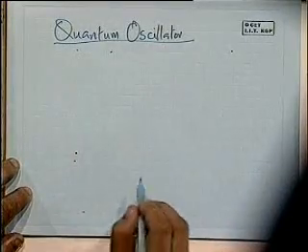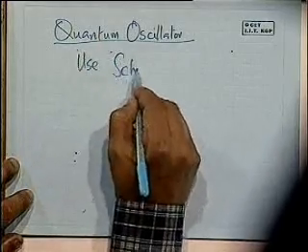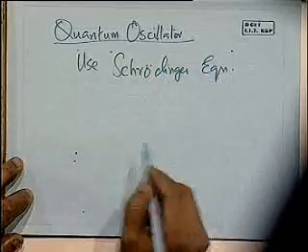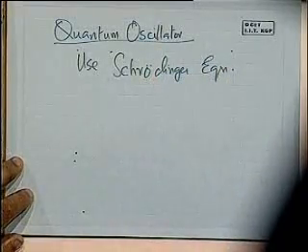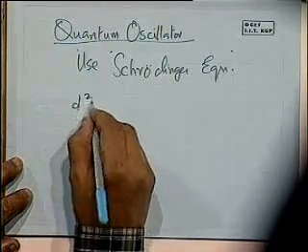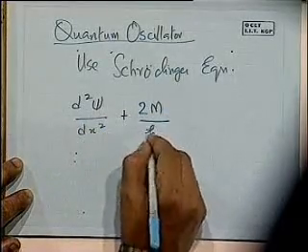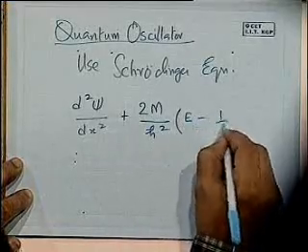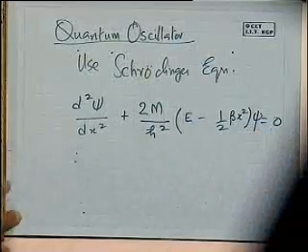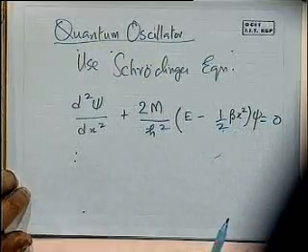We have to make modifications, because when we use the Schrodinger equation and use the V term that we have just obtained, V equal to half beta x squared, what we'll have then is something like this, where the potential term is given by half beta x squared as before.